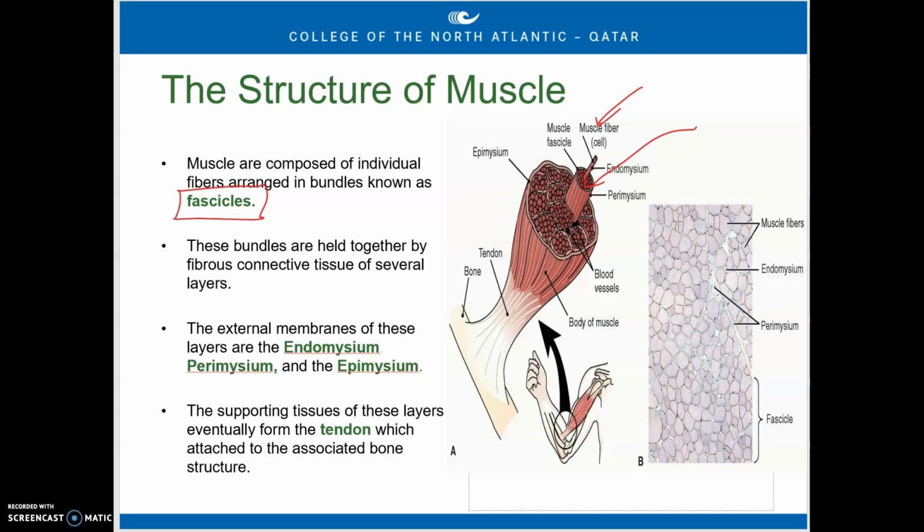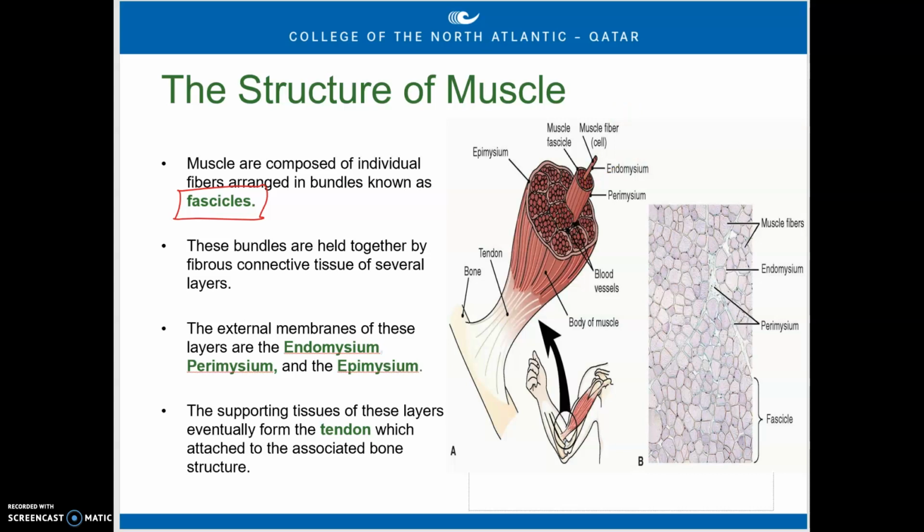Now, in order for them to be arranged together, they're bundled together by a couple of different layers of connective tissue. And those connective tissues each have a name. They're going to be connective tissue membranes. And depending on where the membrane is found, it's going to have a slightly different name because it's going to have a slightly different function. So just talking about the membranes now.